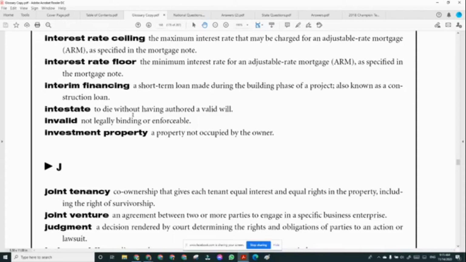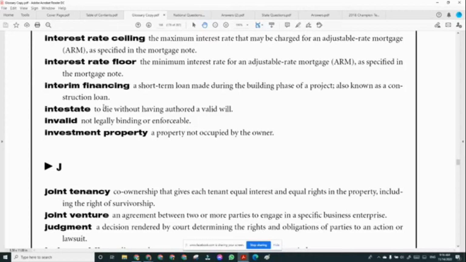So the borrower has to be approved before they can get an interim loan, construction loan. They have to be approved by a lender for a 30-year note. If they get to qualify or be pre-approved for a 30-year loan, then the lender will provide them with the construction loan, also known as interim financing. And so that'll happen for 6 months, a year, however long it takes to build the home.